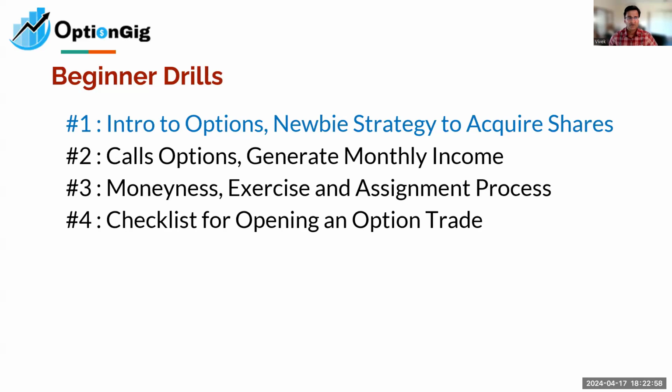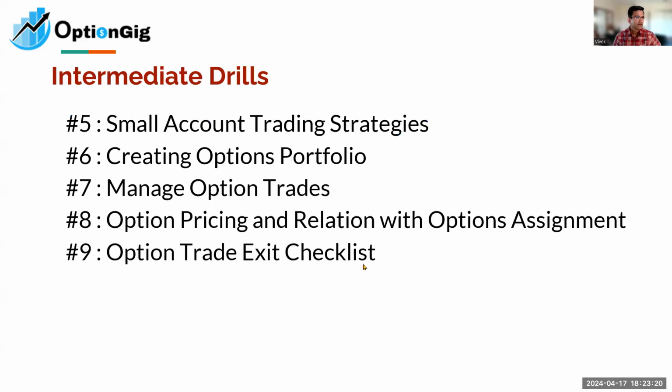Second session, we're going to talk about call options, how you can use them to generate monthly income, getting deeper into exercise and assignment concepts. And the fourth session will be on, if you want to open an option trade, what are the checklists that you should go through? Let's focus a little more at a portfolio level. Then we move on to the intermediate level sessions.